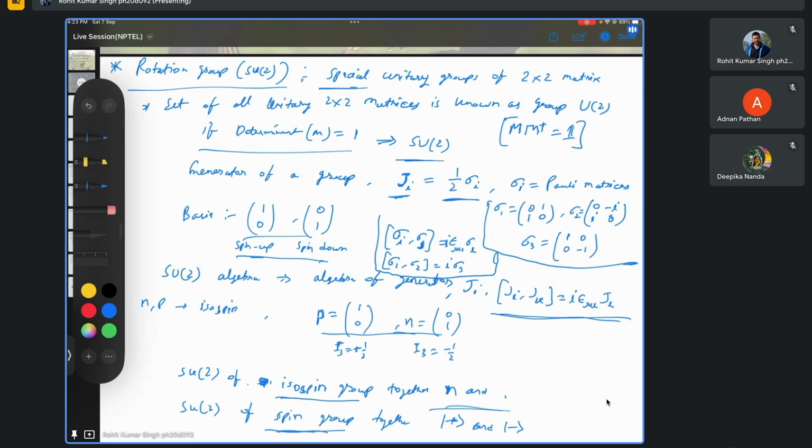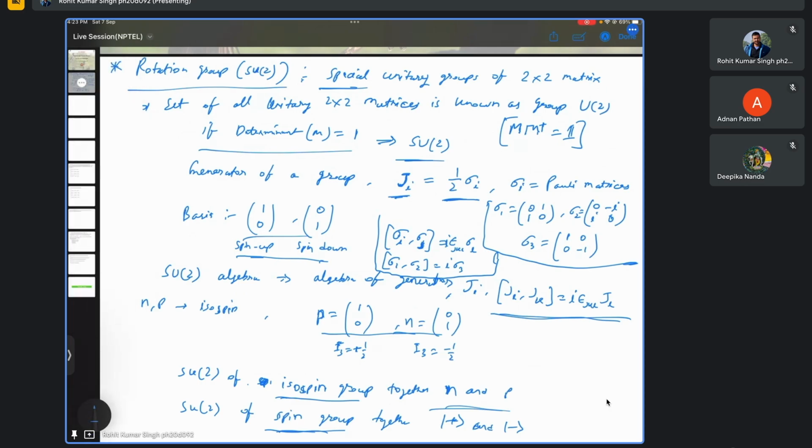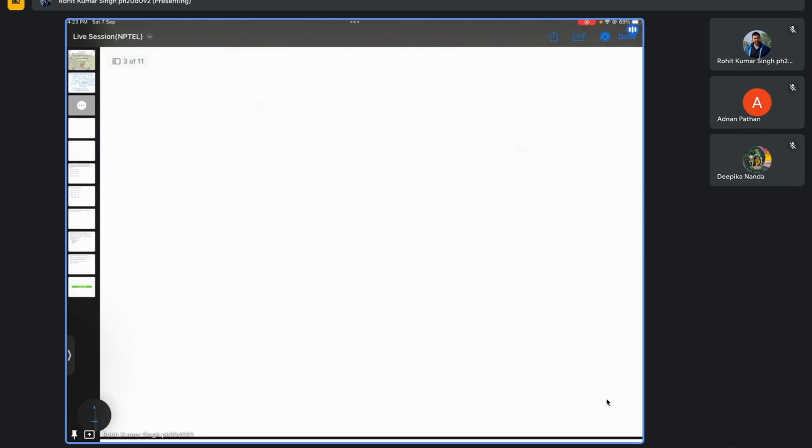I just wanted to tell you why we have a group structure. Now what happens is you can combine two isospin or two spin half particles, and you can get a composite representation.